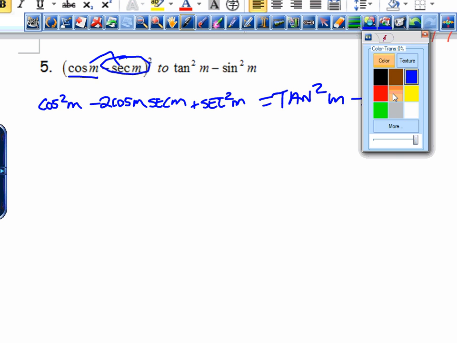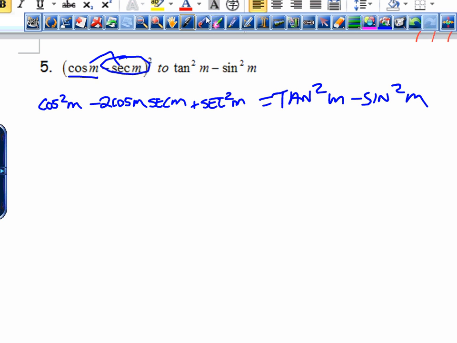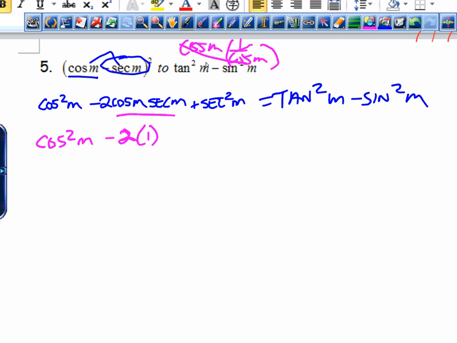Okay. Alrighty. You should maybe see that cosine m secant m is just 1. The reason why is because cosine m and secant m cancel out, because secant m is 1 over cosine, all that just goes away.